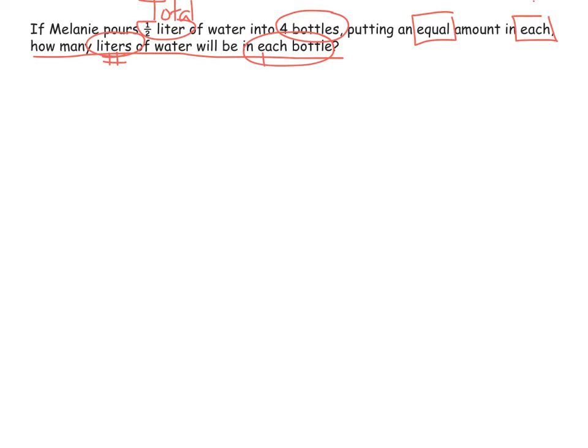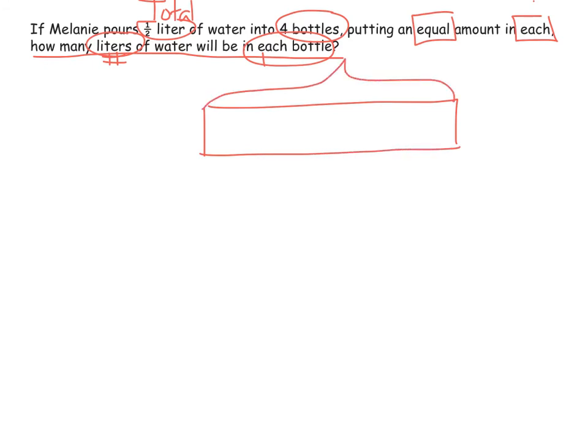So let's draw a tape diagram. So here is my whole. This says I only have half. There's my half a liter. And it says I'm splitting it evenly between 4 bottles.